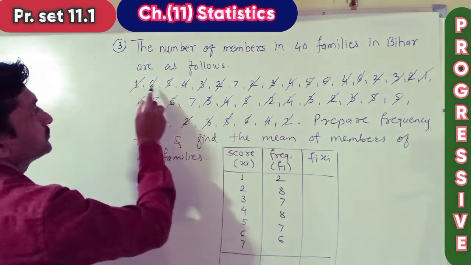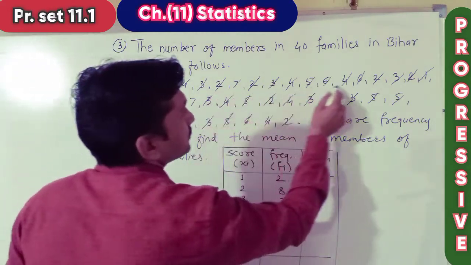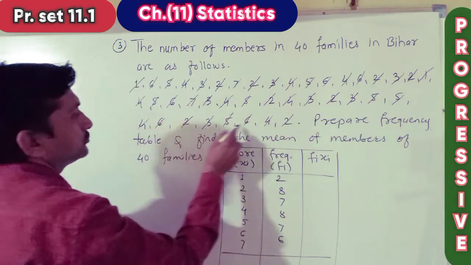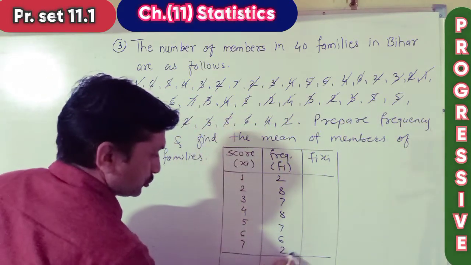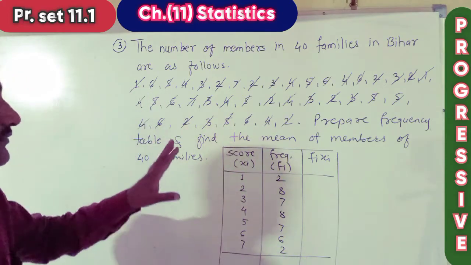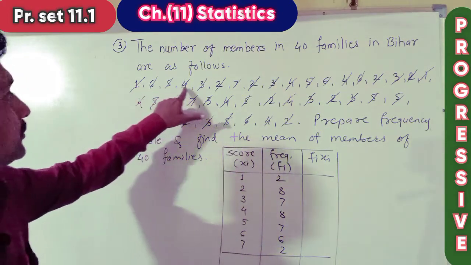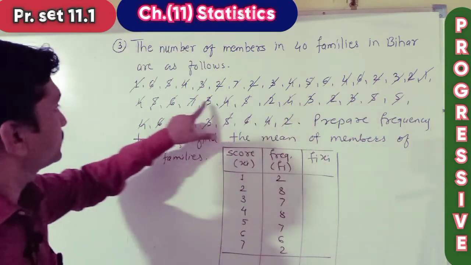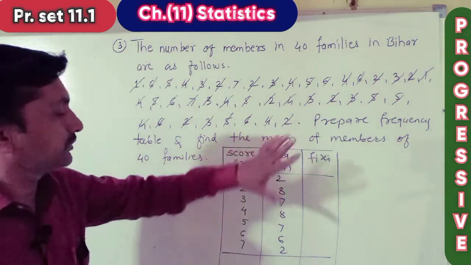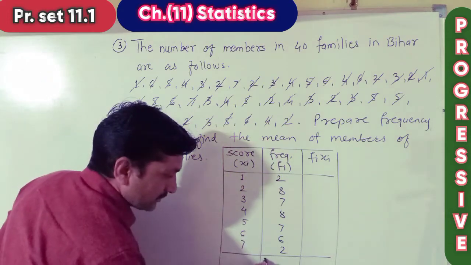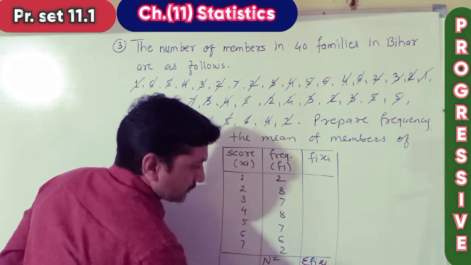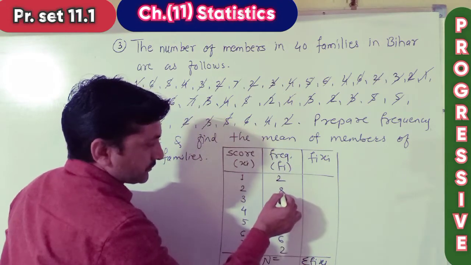Score 7: 1, 2 only. Now see, if any number is left to cut, nothing is left. Now here n is equal to, and here sum of fi xi, add it.